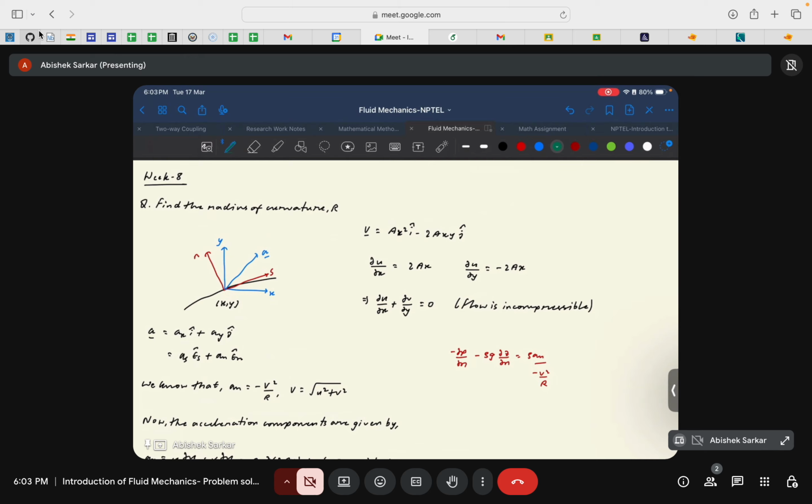So we will carry forward our discussion on Bernoulli's equation and see some practical scenarios or engineering devices where Bernoulli's equation is used.